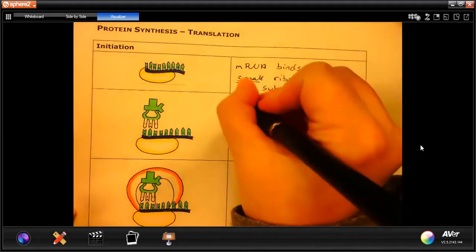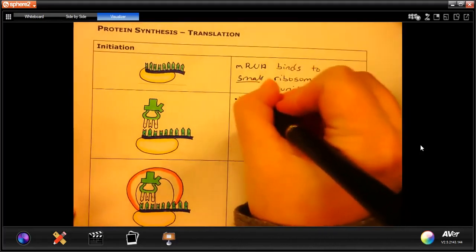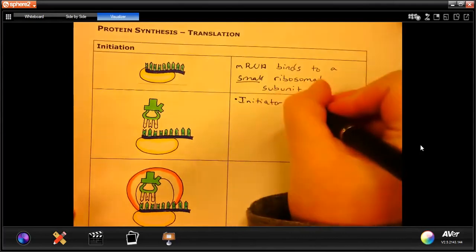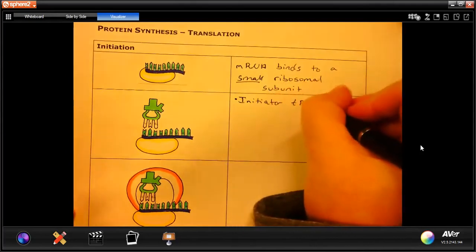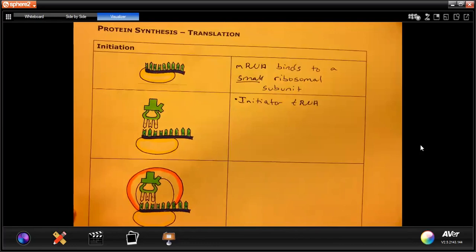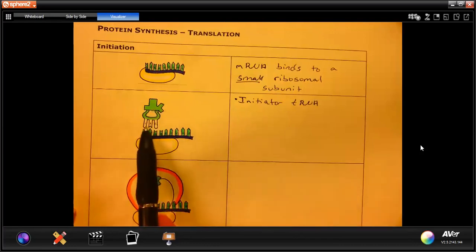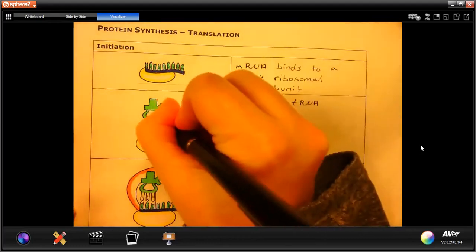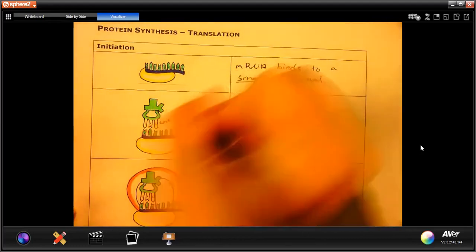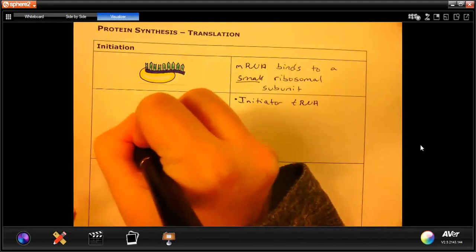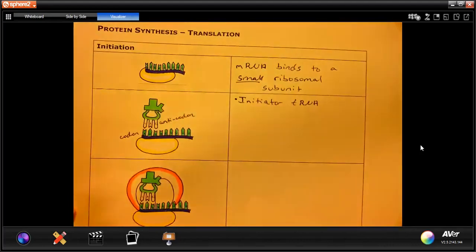Along comes an initiator tRNA. We know that the initiator tRNA is carrying methionine. Its anticodon is UAC for that codon AUG. I'm even going to write the words anticodon and codon there. So codon is on the mRNA, anticodon is on the tRNA.